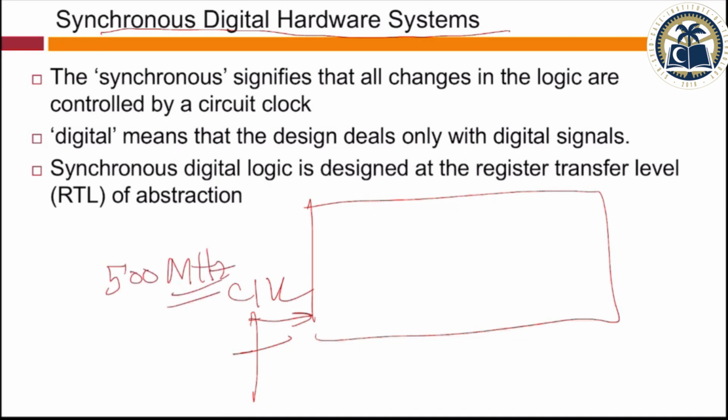Okay, so nobody does asynchronous circuits, everybody does synchronous circuits. So the design becomes very simple, the synthesis becomes very simple, your targets become very simple, that you always have a target clock in mind, that I am going to clock this at, let's say, 500 megahertz. So you set a target for yourself.